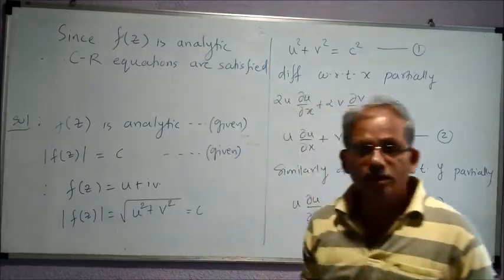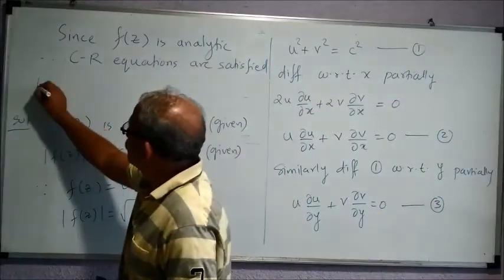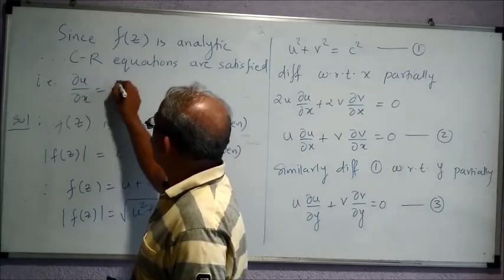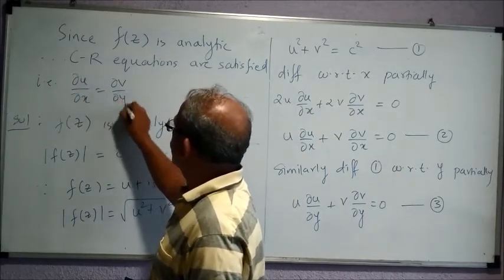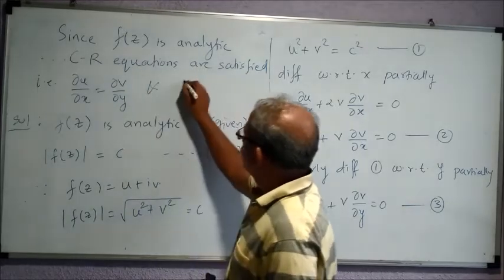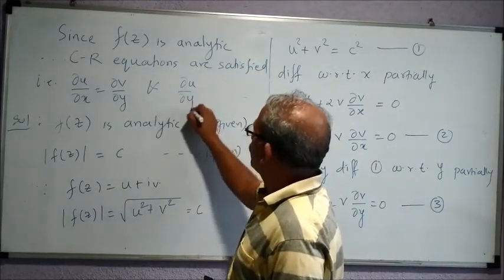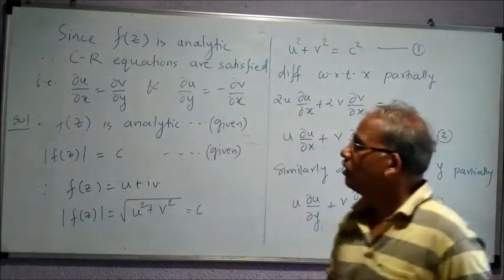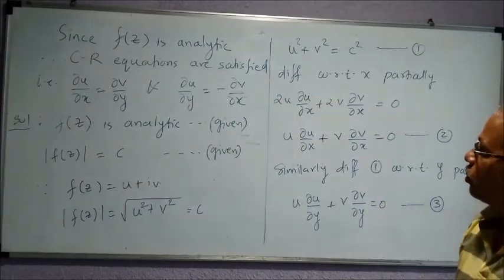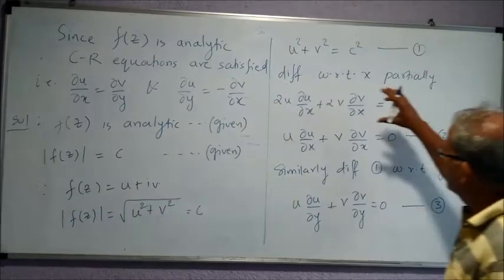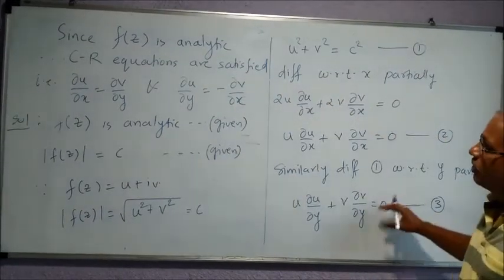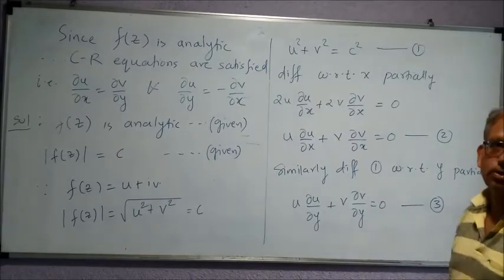The CR equations are ∂u/∂x equals ∂v/∂y, and ∂u/∂y equals minus ∂v/∂x. If we use these in equations 2 and 3, these equations will change.